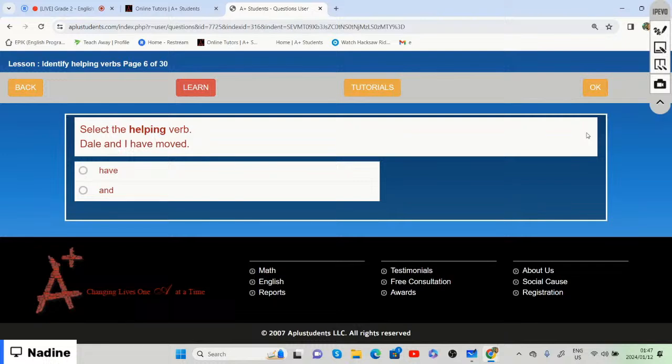So Dad and I have moved. We need to select the helping verb within that sentence. So the helping verb, is it have or and? Dad and I have moved.